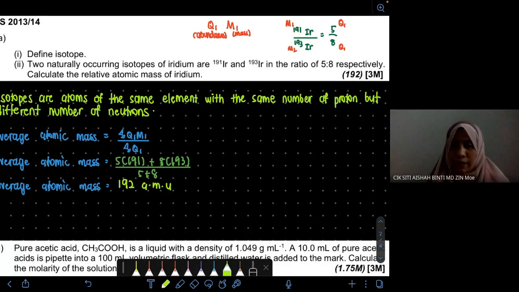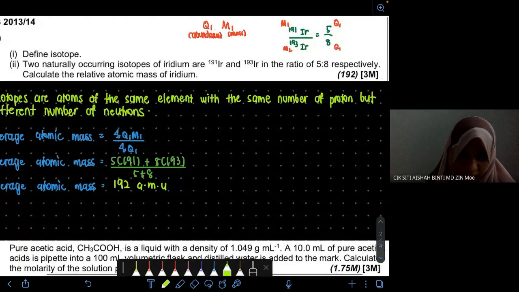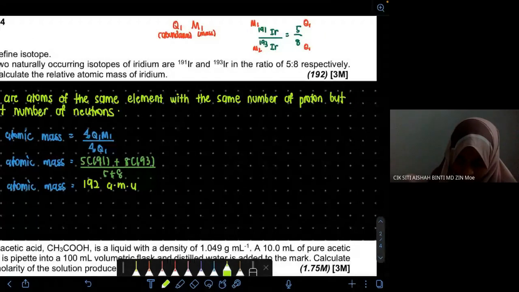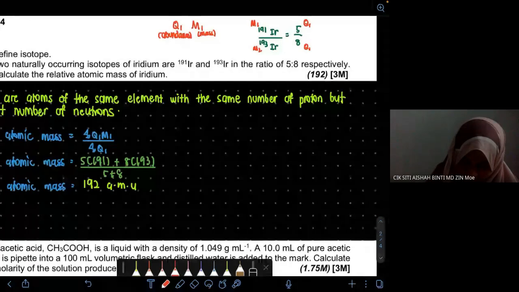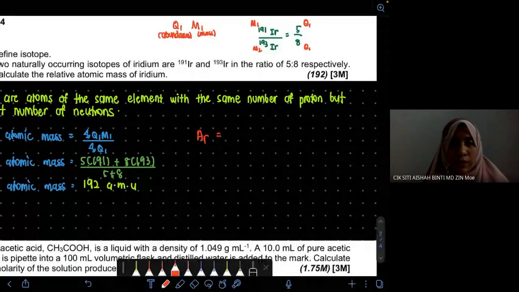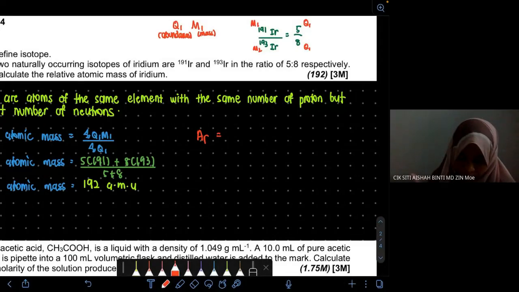Next step is the calculation of relative atomic mass. The symbol is Ar. If you don't want to include the unit, how do you write it?